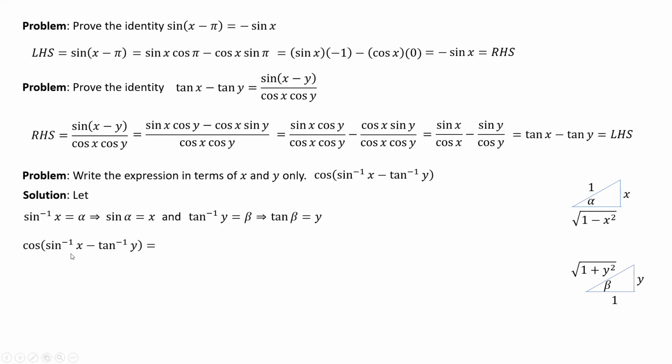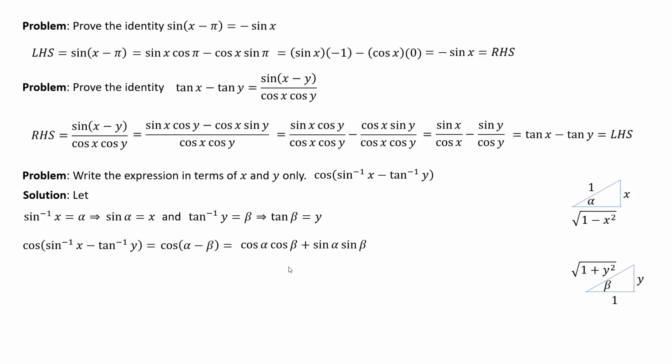So could we replace sine inverse x with a simple alpha and tan inverse y with a simple beta? Yeah, we can. So that's simply reduced to cosine of alpha minus beta. Why, man? What's the big deal about that? Well, the big deal is, now this is looking like cosine of a minus b. We can apply our identity and write this as cosine alpha cosine beta plus sine alpha sine beta.